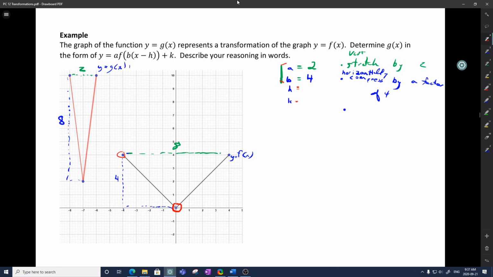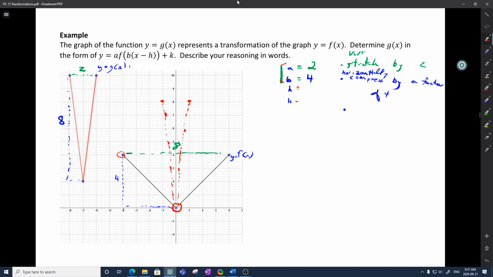So I'm going to stretch this by a factor of 2, it becomes 8. Compress it by a factor of 4. There's my new curve. Now this is only an intermediate curve, and I know it's not a curve, it's more of a V, but all graphs can be described as a curve. I know it's weird, like even linear lines are curves. There. So that's a quick sketch, and by the way, this quick sketch looks awesome to me.